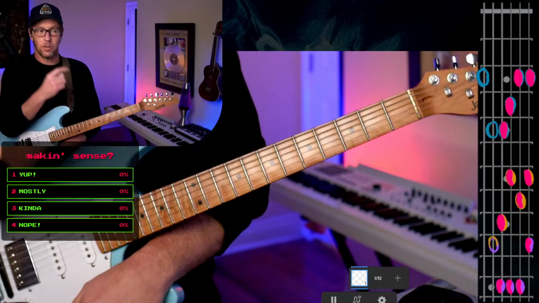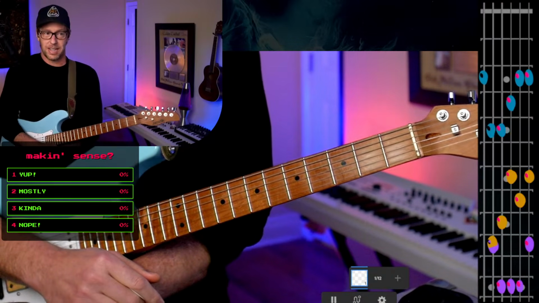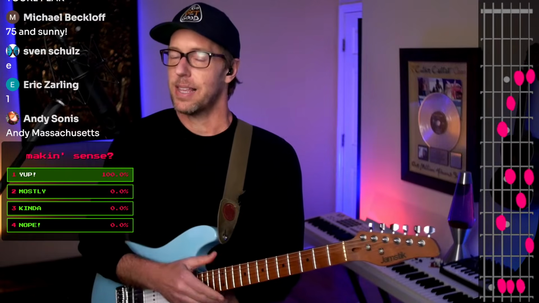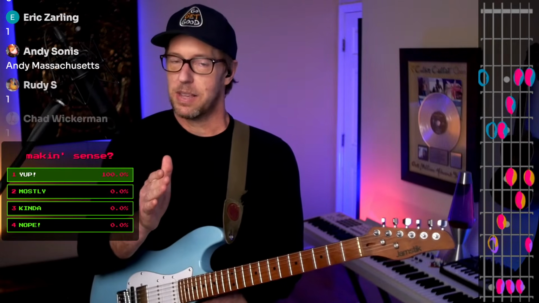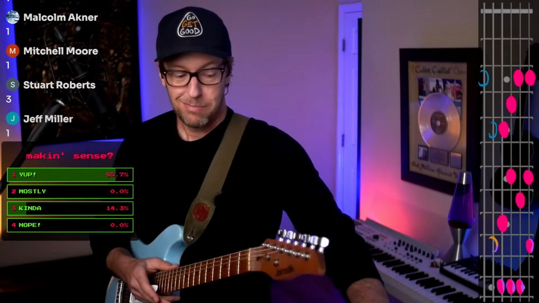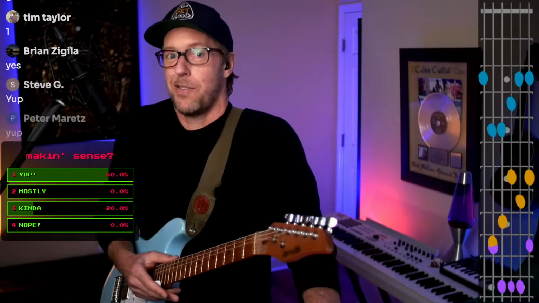When you look at those orbing fretboard diagrams undulating, is it making some sense as you glance at it? Like, yep, I got it. Let's dive in. Take me to the deep water, coach. Or are you like, I don't know, maybe. Is it awesome, or is it more like, I don't know, coach. Help me out here.